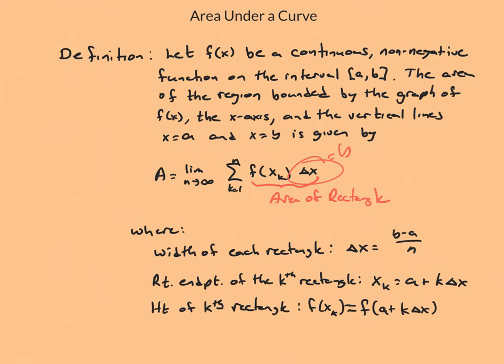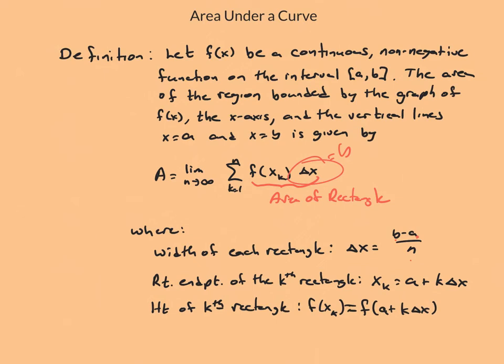The thing to remember here is delta x is always equal to the right-hand endpoint minus the left-hand endpoint divided by n. So b minus a over n is going to be the value of the base. That's what we're going to be multiplying by.